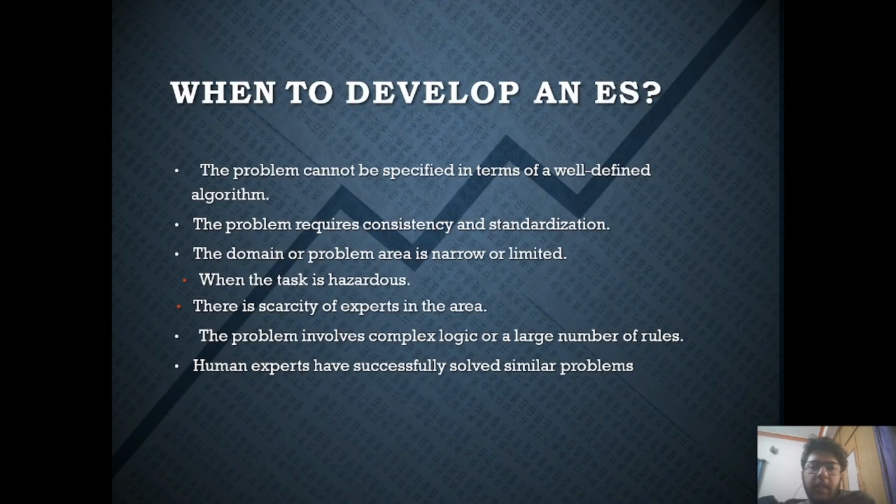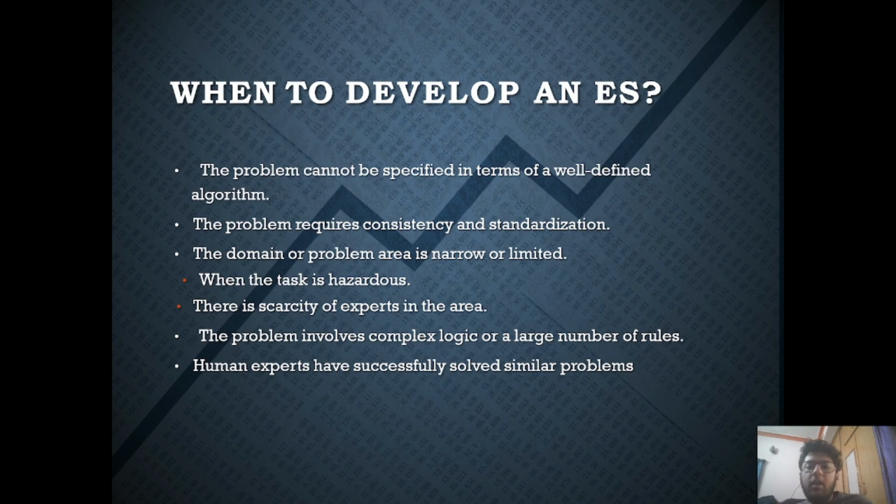So, when can we develop an expert system? When the problem cannot be specified in terms of well-defined algorithms. When the problem requires consistency and standardization. When the problem area is narrow or limited, and when the task is hazardous, that is, if it might need a lot of manpower and a lot of automation.